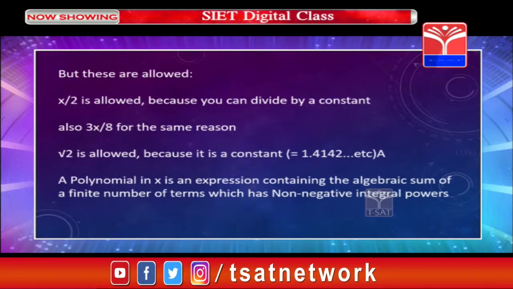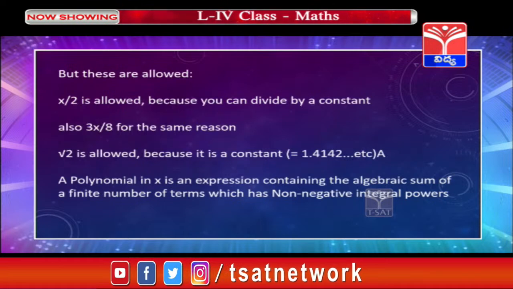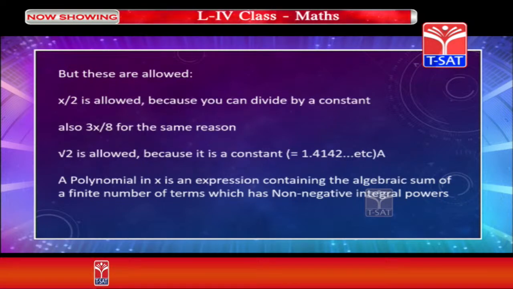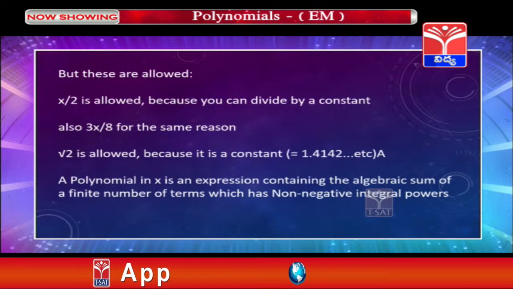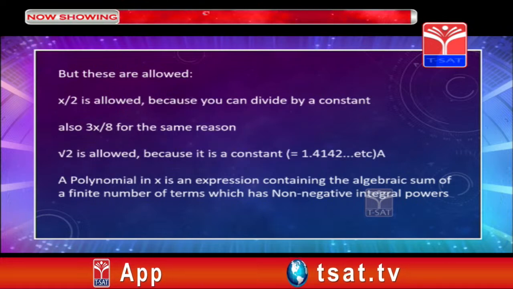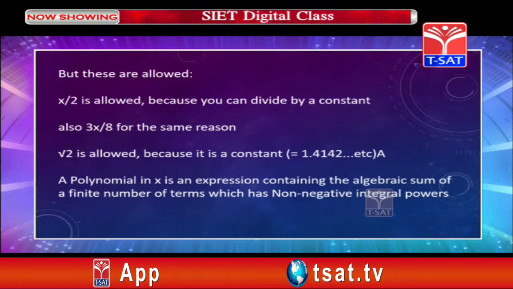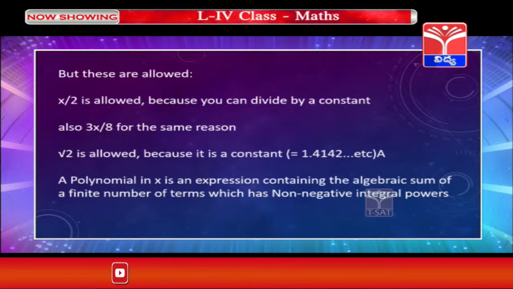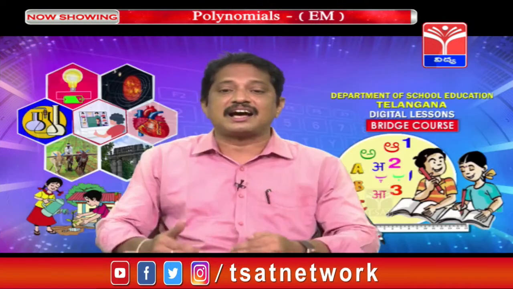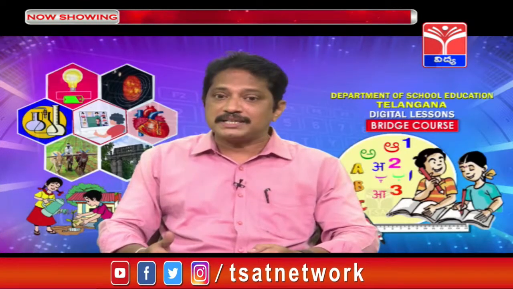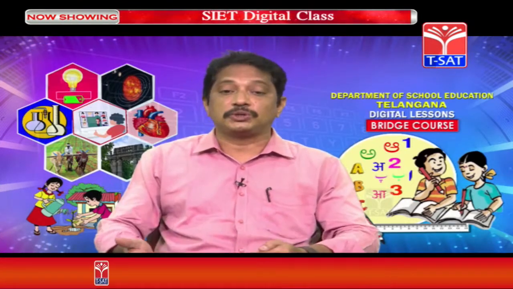A polynomial in x is an expression containing the algebraic sum of a finite number of terms which have non-negative integral powers. Why do I say non-negative integral powers? Because the power may be 0.